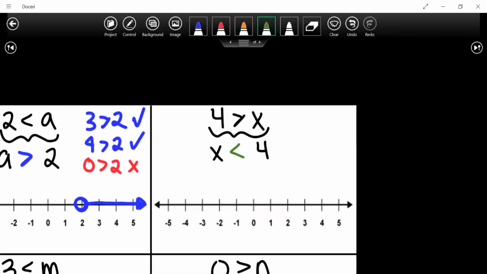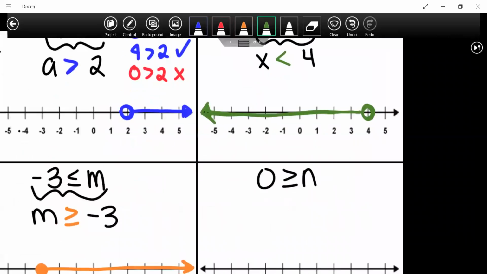So looking at this, X is less than 4. Open or close circle at 4? Open. Why? There's no line underneath the inequality. Am I pointing left or right? Left. To the left, to the left.